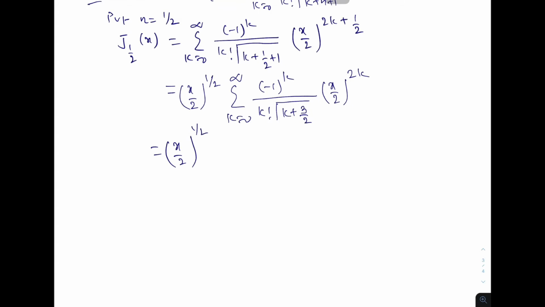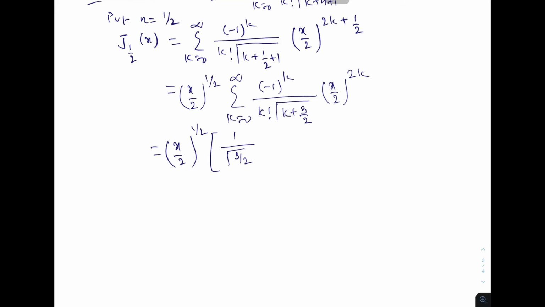So this is equal to (x by 2) power 1 by 2. Now we take the value of k. When k is equal to 0, this is 1, 0 factorial is 1, so gamma 3 by 2 only, so we have 1 upon gamma 3 by 2.